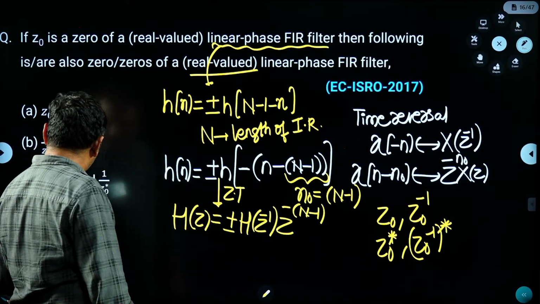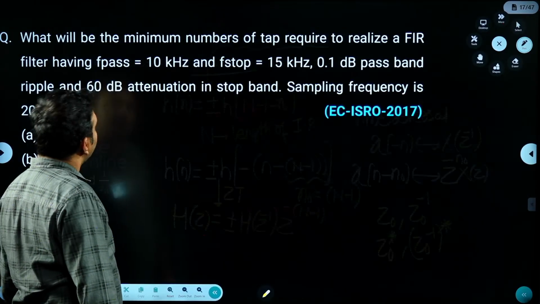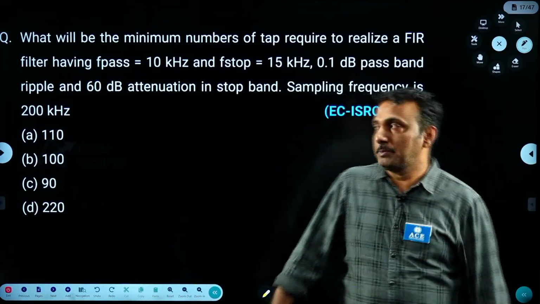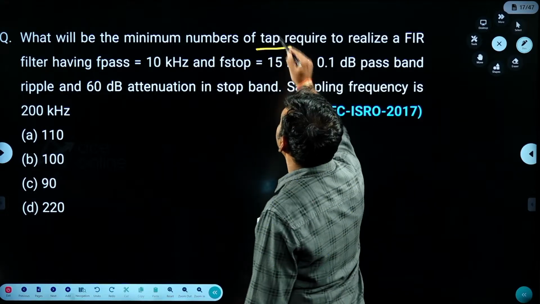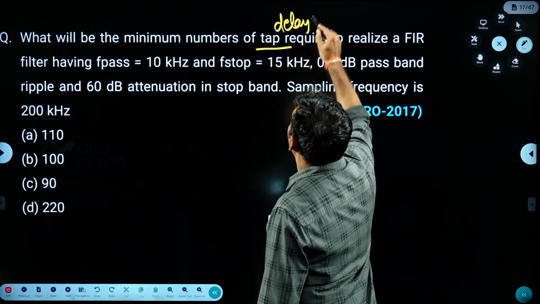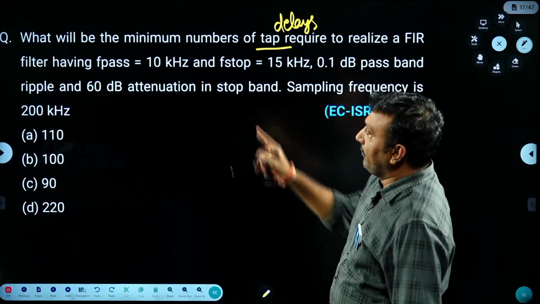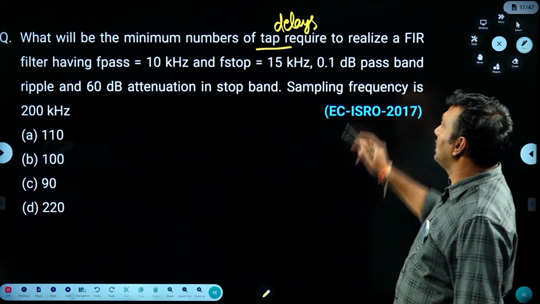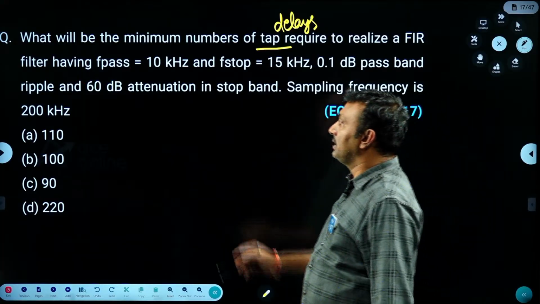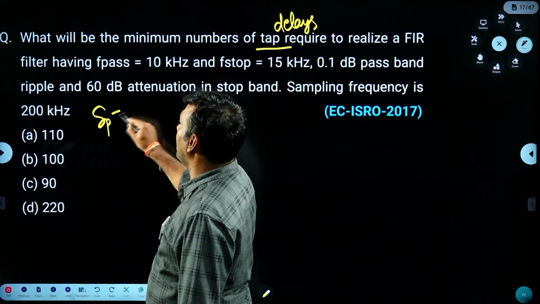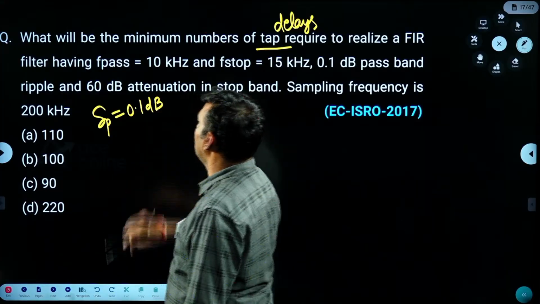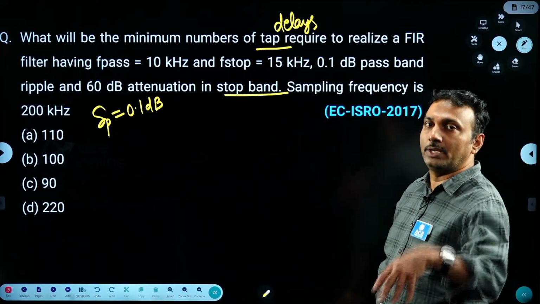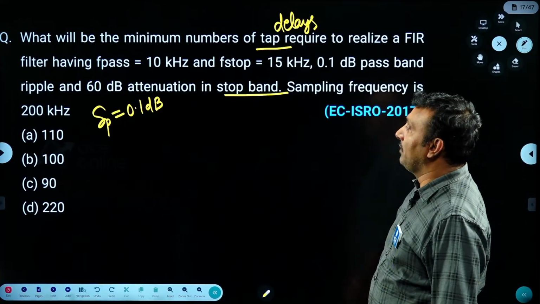Let us see the next model. What will be the minimum number of taps? Taps means delays required to realize an FIR filter having passband frequency 10 kHz, stop band 15 kHz, 0.1 decibel passband ripple, which means he has given del P as 0.1 decibel, and 60 dB attenuation in the stop band, del S. Attenuation means 1 by gain, with the sampling frequency.